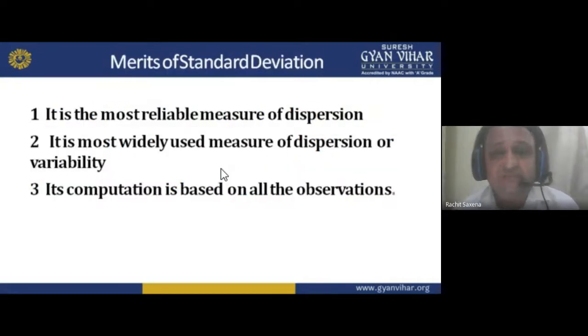What are the merits of standard deviation? First, it is the most reliable measure of dispersion. Now, my dear student, the word dispersion comes from disperse, and disperse we can also say scattered.